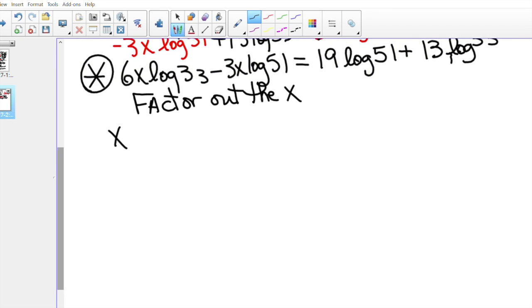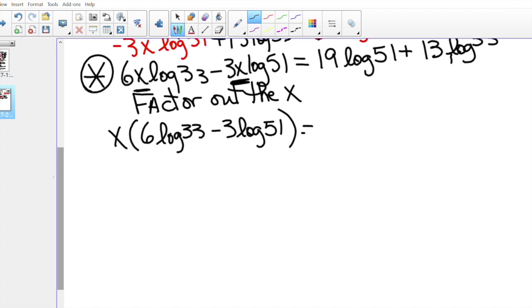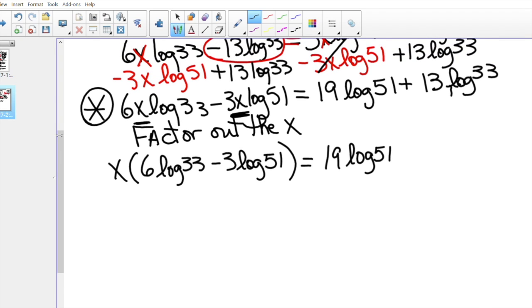At x parentheses 6 log 33, we took him out, remember that's factored out, minus 3 log 51, again we factored out the x, equals 19 log 51 plus 13 log 33.